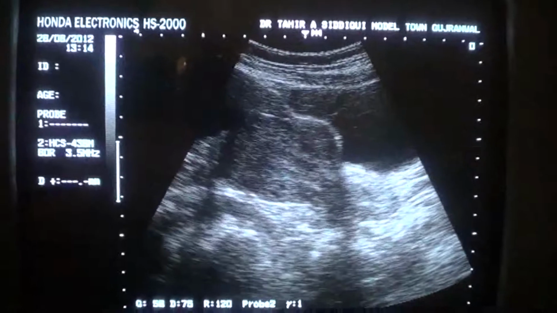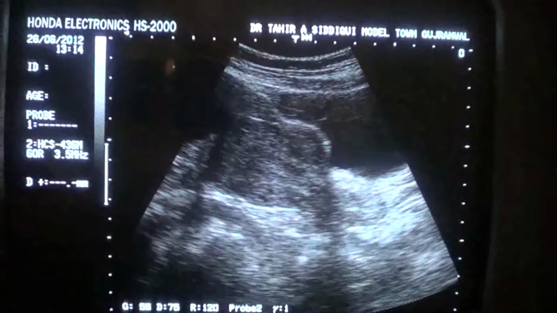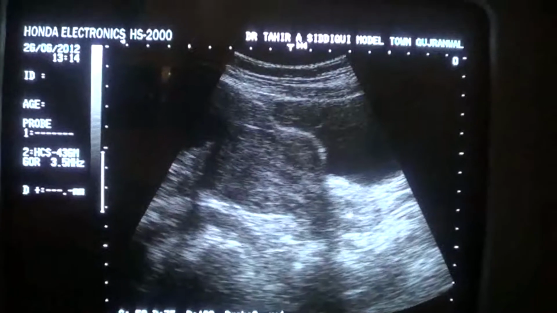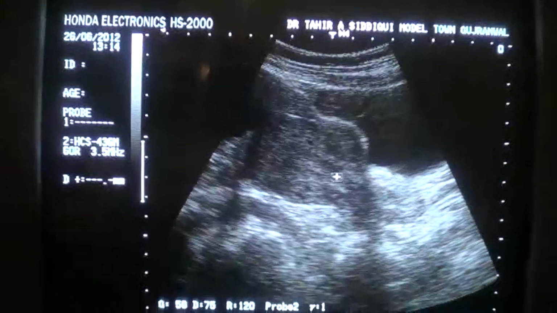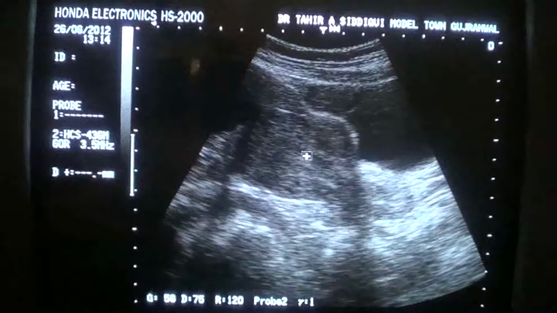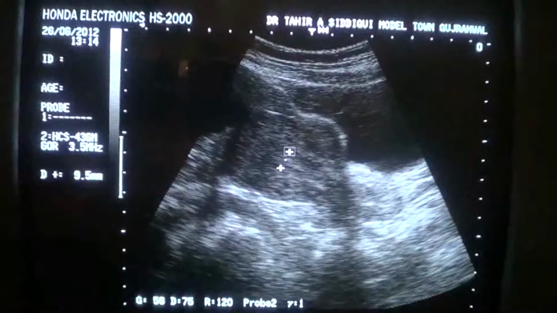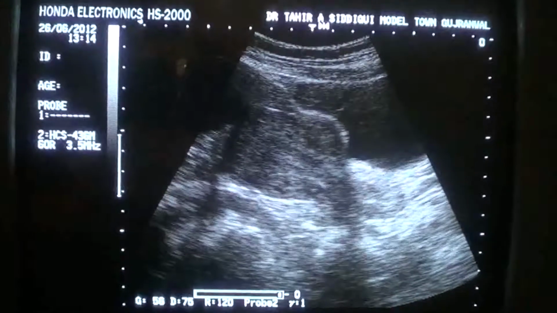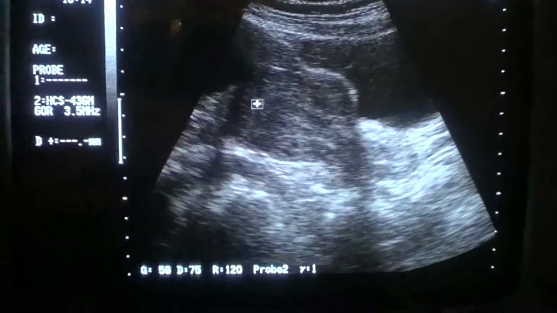Now this is the vagina, this line, you see, and this is the cervix, this box-shaped area, this cervical canal, and this follows into the endometrial canal that measures 9.5, meaning thereby she is in proliferative phase. So the uterus, this is the fundal area.